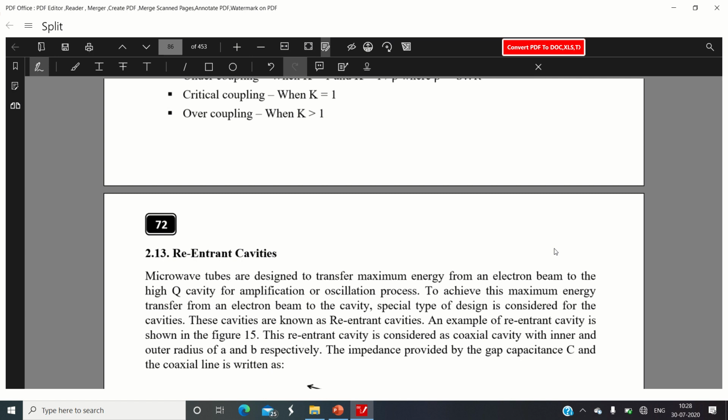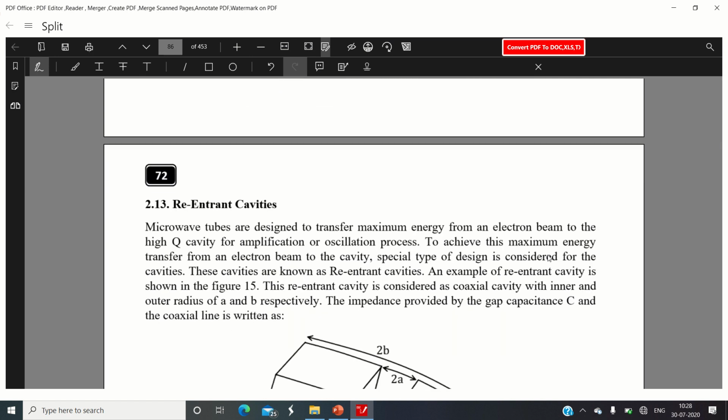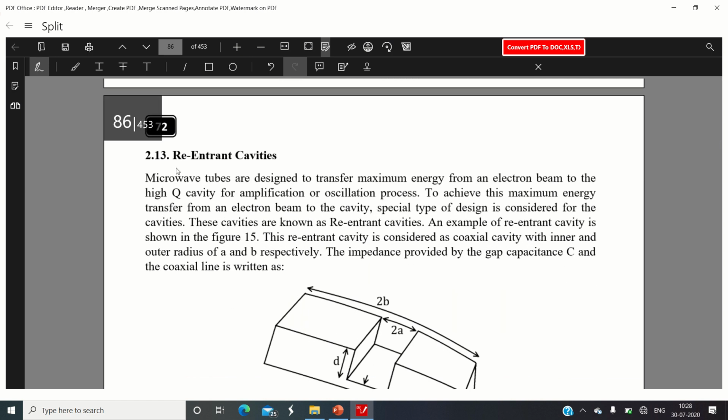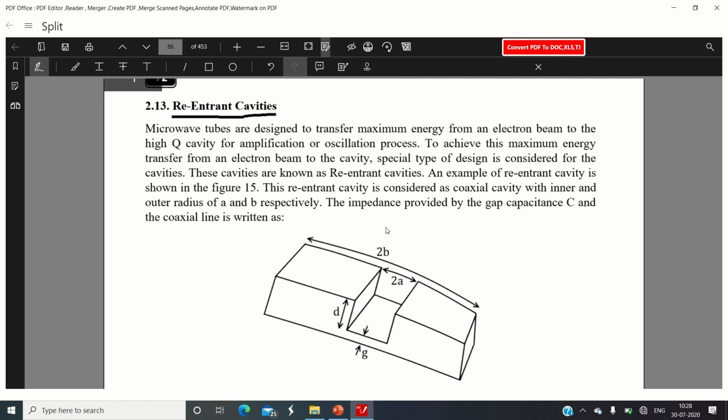Okay. Now we are going to see some of the important types of cavities. So we used to call them as a re-entrant cavity. Now let us see what is this re-entrant cavities. Re-entrant cavities are utilized in order to construct cavity resonators. So the microtubes which are designed to transfer the maximum energy from an electron beam to a high quality factor cavity for the amplification and for the oscillation processes.